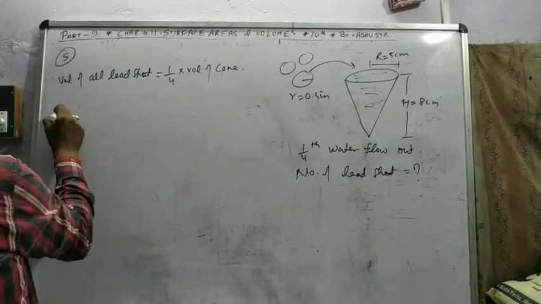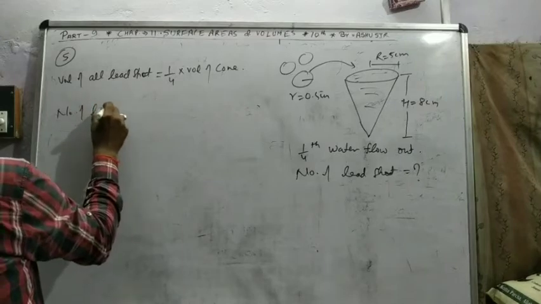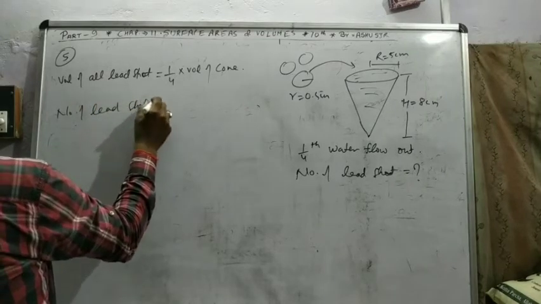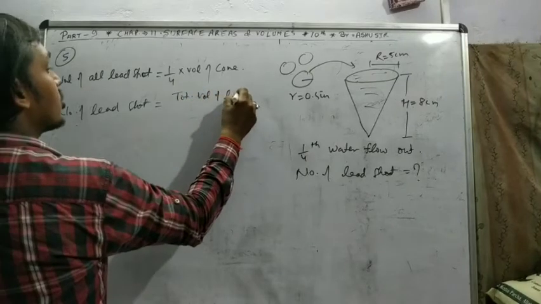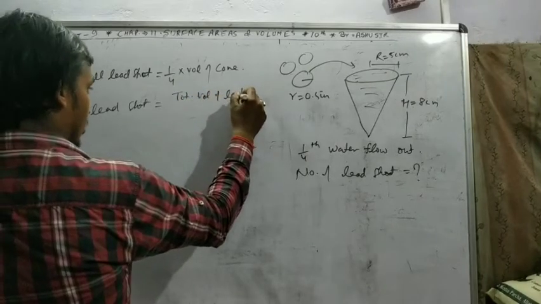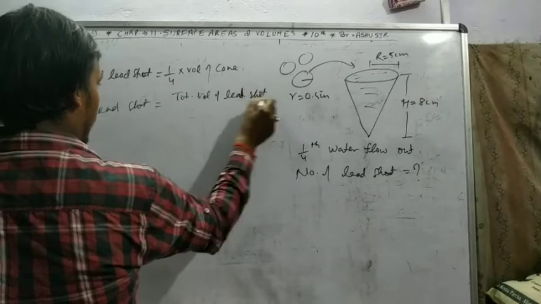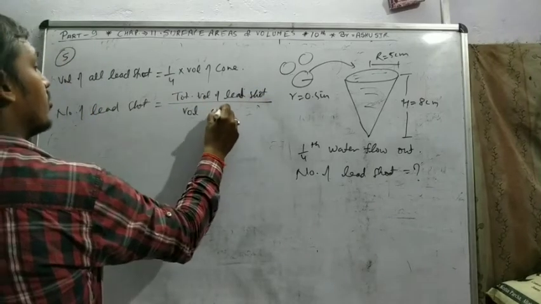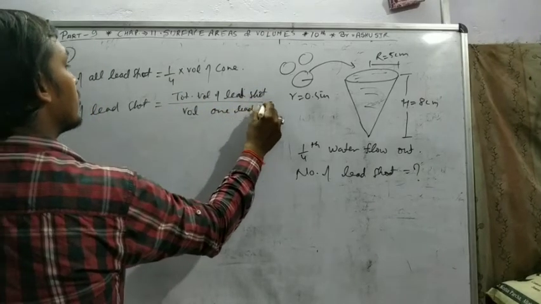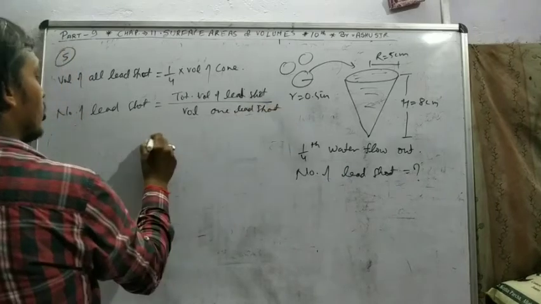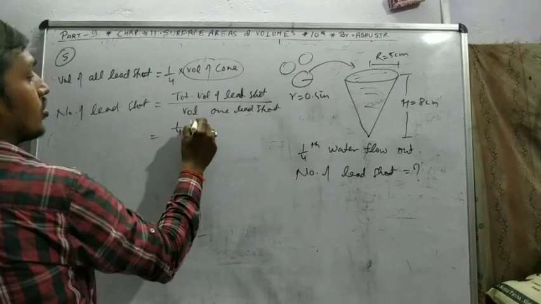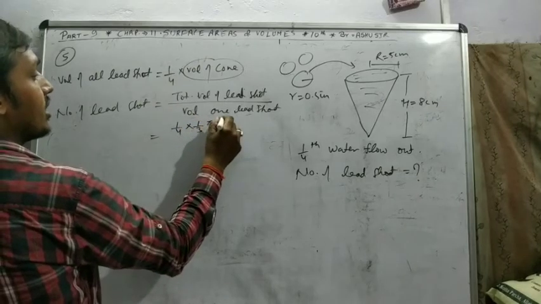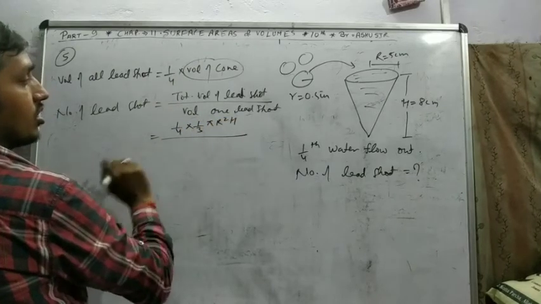So to find the number of lead shots, it is total volume of lead shots upon volume of one lead shot. Total volume of lead shots is 1 by 4 volume of cone, 1 by 3 pi r square h.